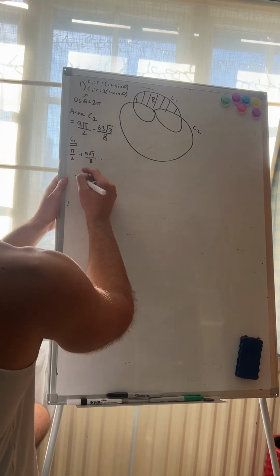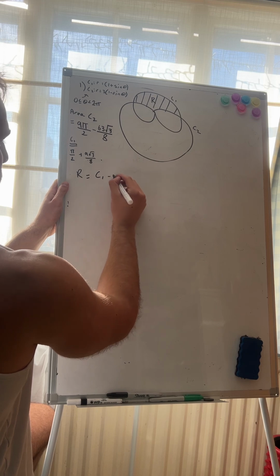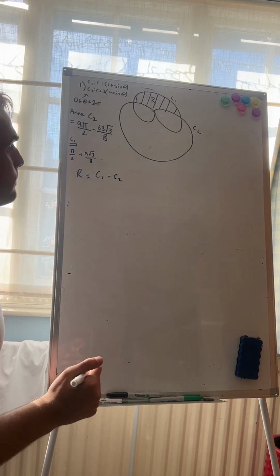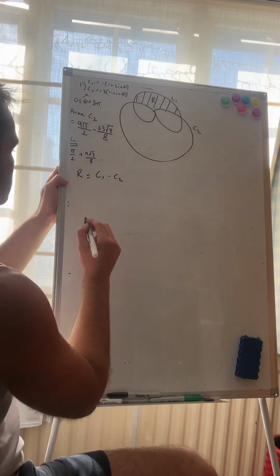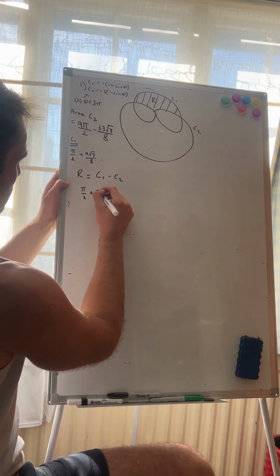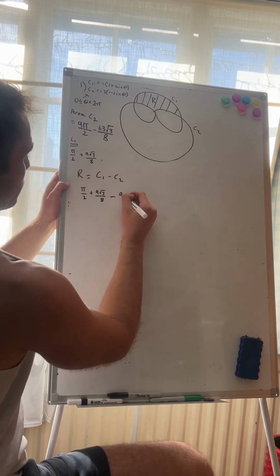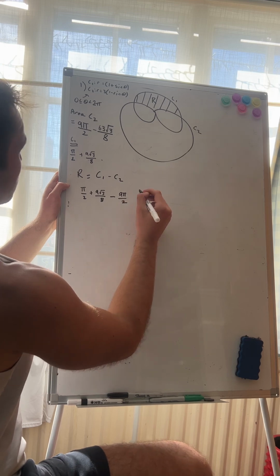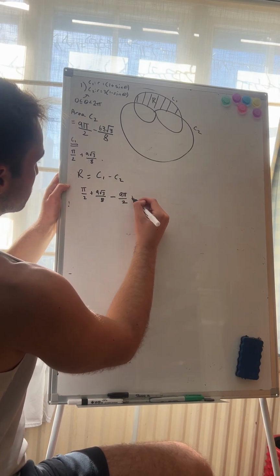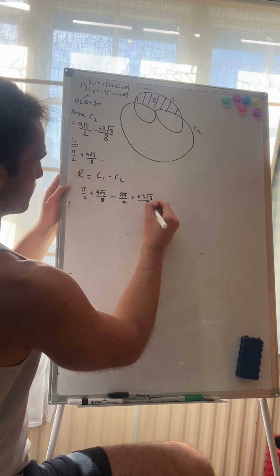So now, area R equals C1 minus C2. It's pretty standard, we're nearly there. We're going to have pi over 2 plus 9 root 3 over 8 minus 9 pi over 2 plus 63 root 3 over 8.